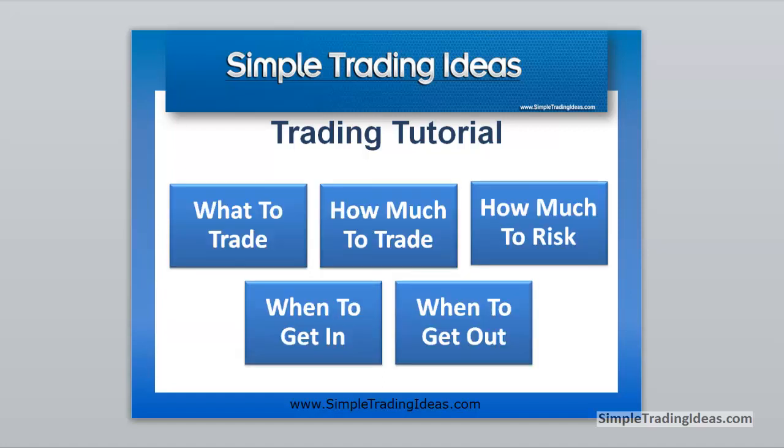So, here are some of the components of a trading system. What to trade. We already know that we'll be trading the QQQ ETF, and it could be anything in any of these series. We'll be going through examples of futures and forex, stocks, those types of things. How much to trade, and we'll see that in our very next section.